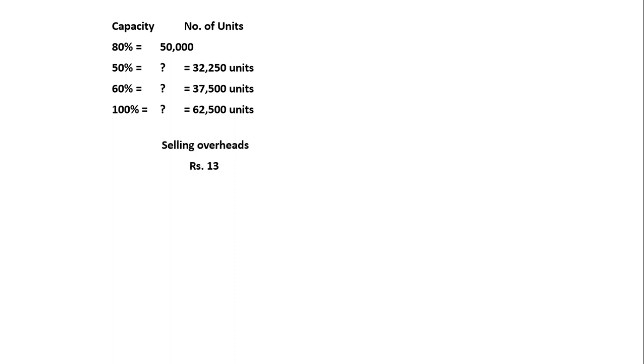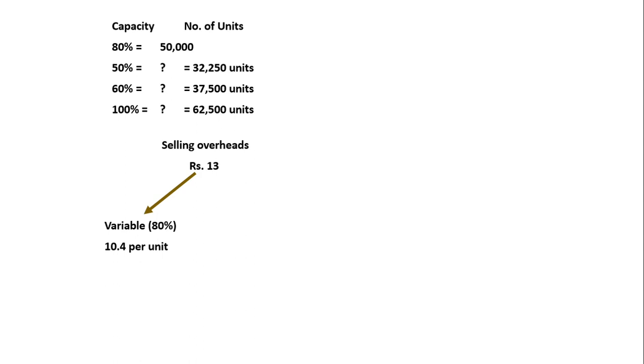In that one, first is selling overheads. Selling overheads, they are 13 rupees per unit. And in that one, 20% is fixed. So obviously 80% is variable. So 80% of 13 rupees equal to 10.4 per unit, it is variable.